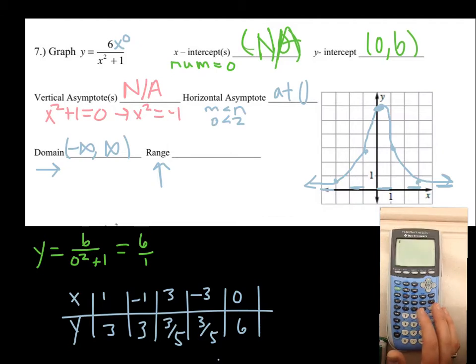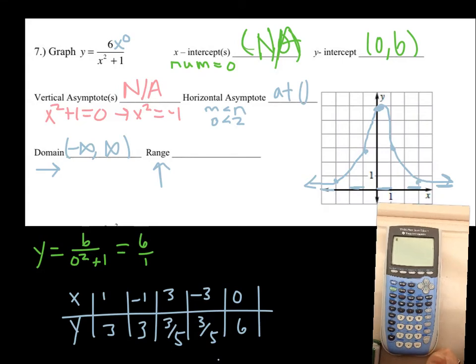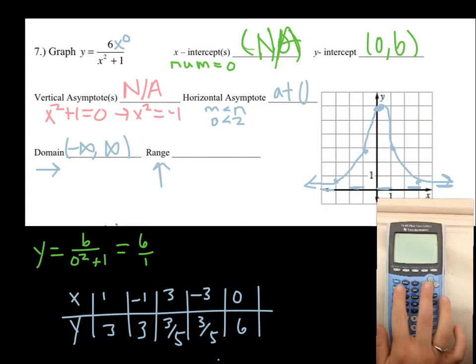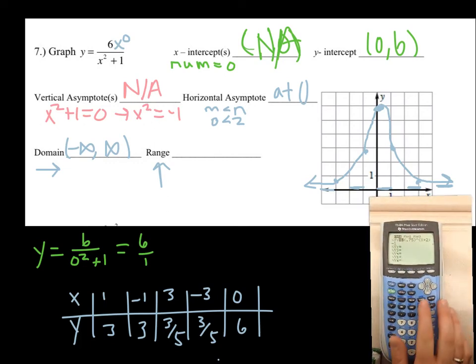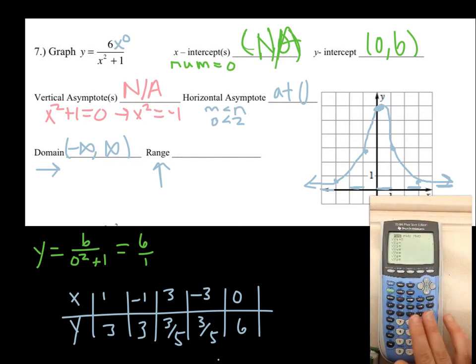I'm going to quickly show you guys how to graph one of these in the calculator and find a max or min. Sometimes it's not always going to be a whole number. It's not going to be really that easy to find. So the first thing you want to do whenever you're graphing, always go to y equals, and clear anything that's in there.